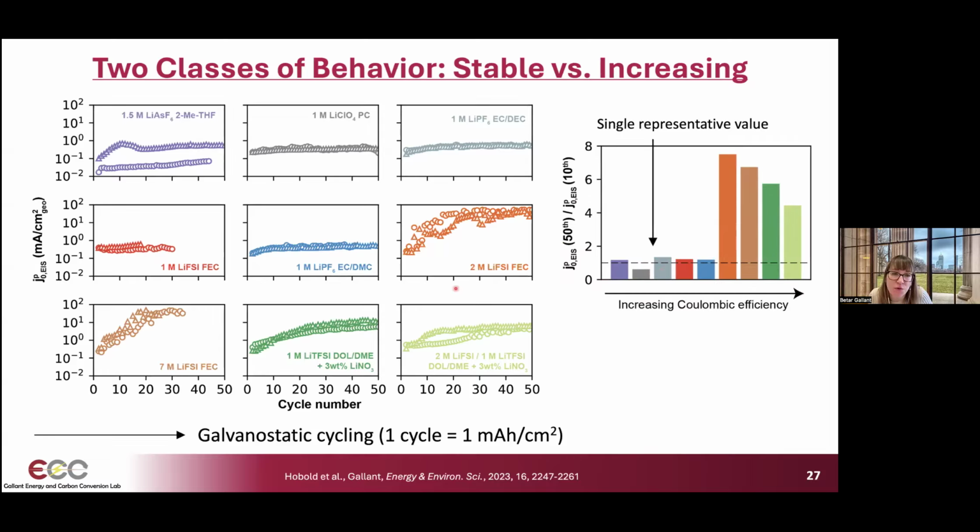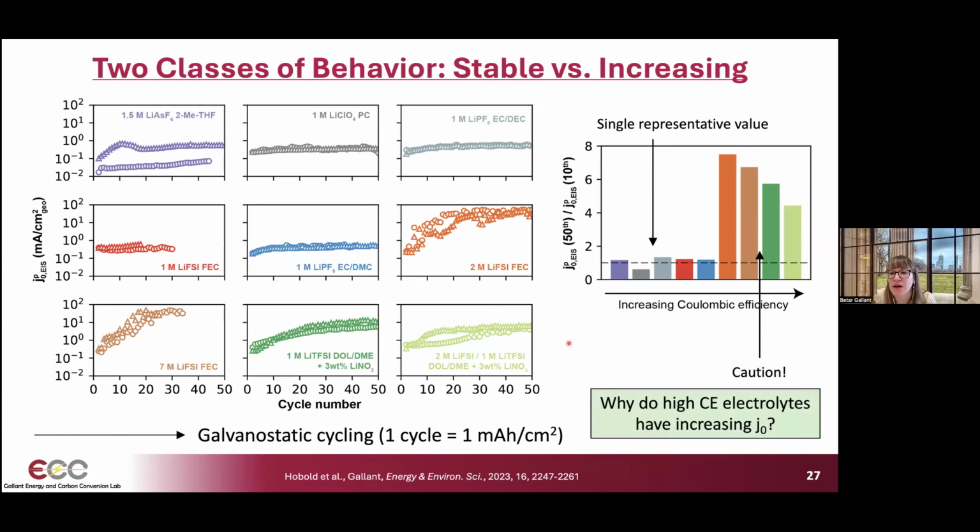If you look at these 4 higher Coulombic efficiency electrolytes, though, that was not the case. And in fact, we observed that the J0 value underwent quite a dynamic evolution before eventually stabilizing in most cases. So in that case, we have to really be cautious about portraying an intrinsic or a single representative value. So we became actually quite interested in why high Coulombic efficiencies have increasing J0.